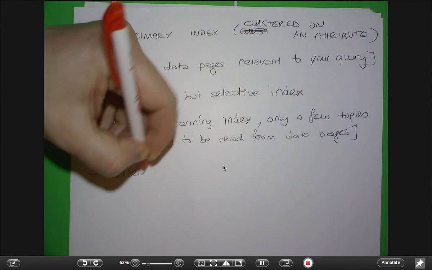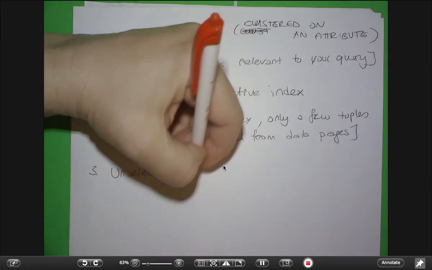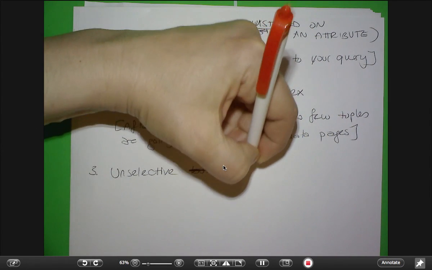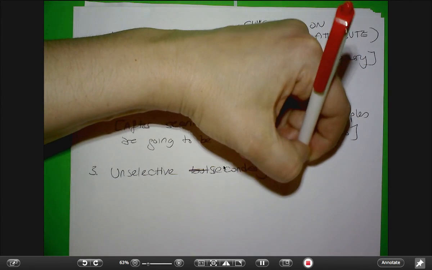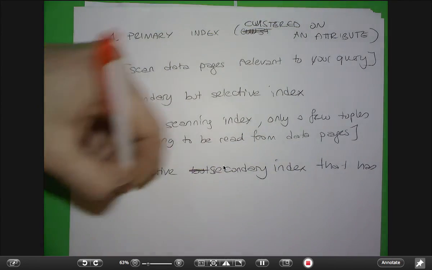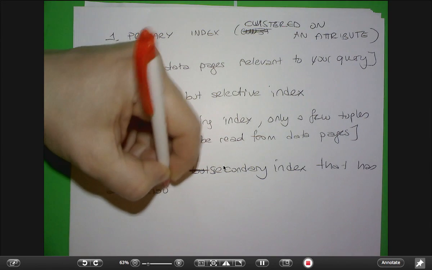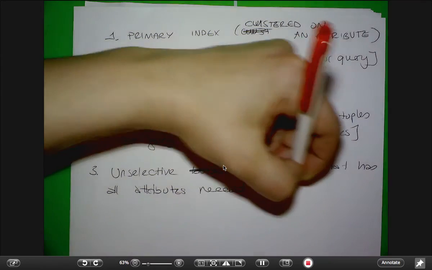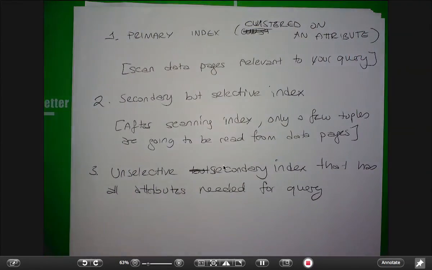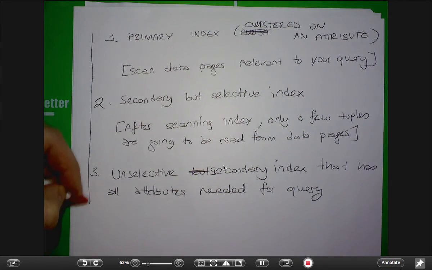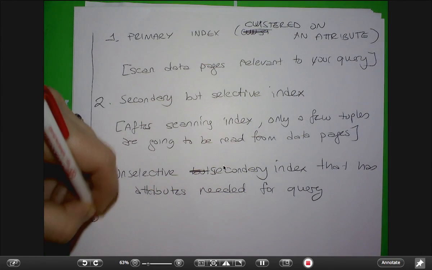So: an unselective secondary index that has all attributes needed for the query. Basically the performance goes down this way, and this is the usefulness of an index.